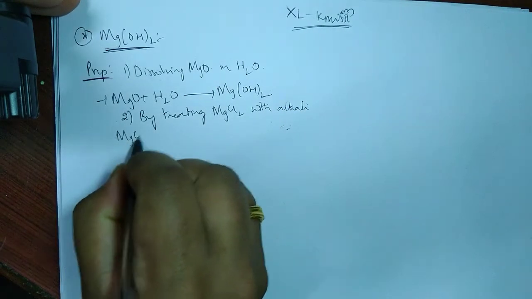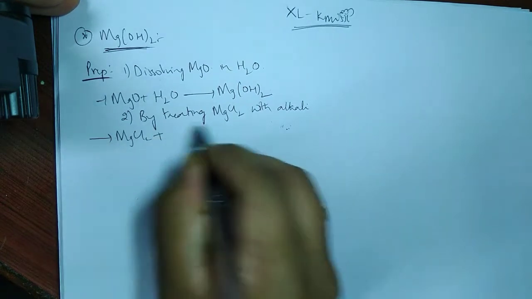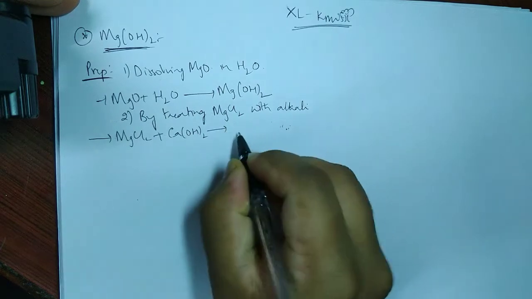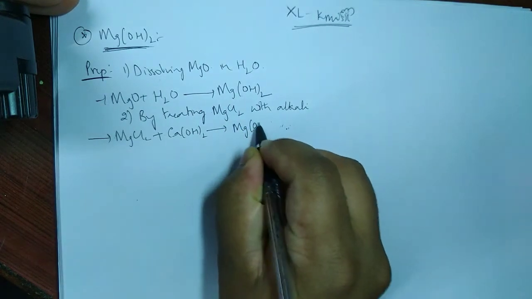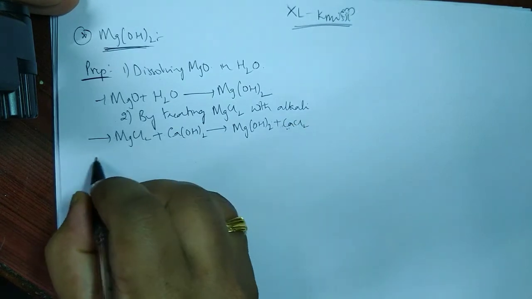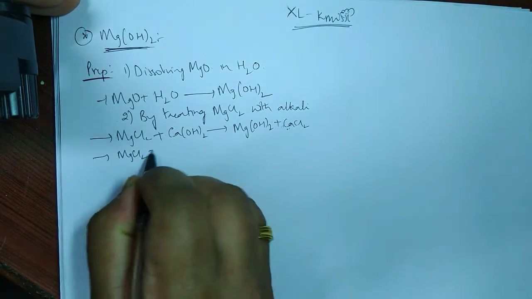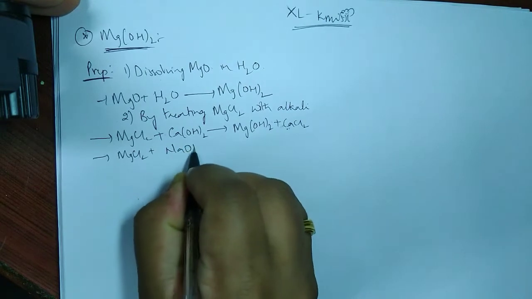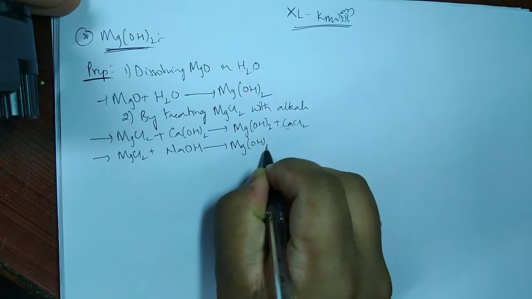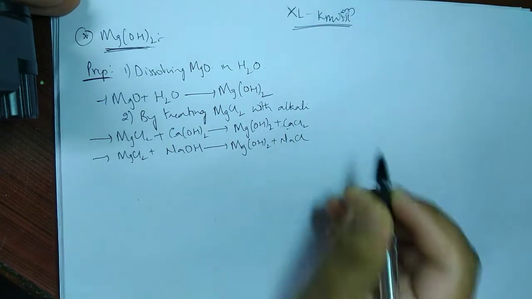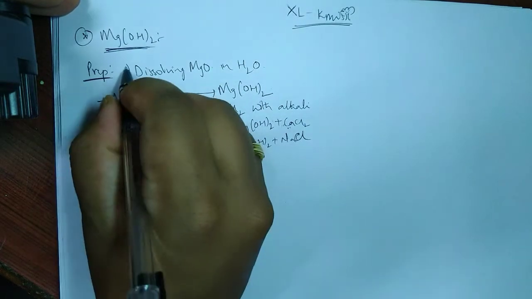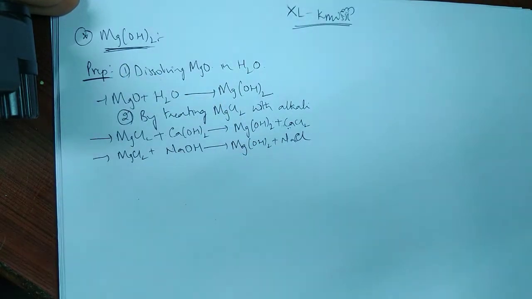So MgCl2 plus, let's say, calcium hydroxide, Ca(OH)2, will form Mg(OH)2 plus CaCl2. Or I can also use sodium hydroxide: MgCl2 plus NaOH, this is also an alkali, when treated will form Mg(OH)2 plus NaCl. Very simple. So these are the two simple methods of preparation of magnesium hydroxide.